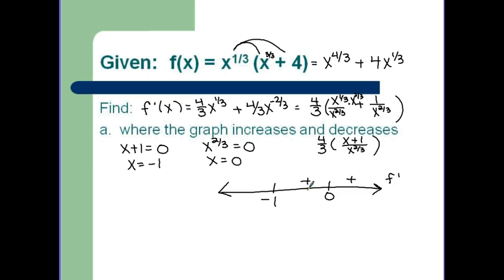Plug in -2. -2 plus 1 is going to be negative, and anything negative squared becomes positive, so negative over a positive is negative. This is the first time we've had a case where it went positive, positive.